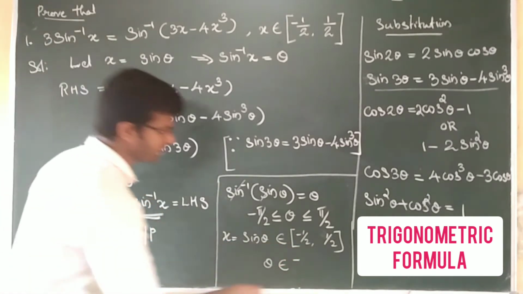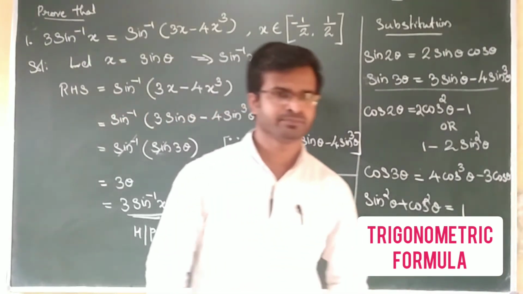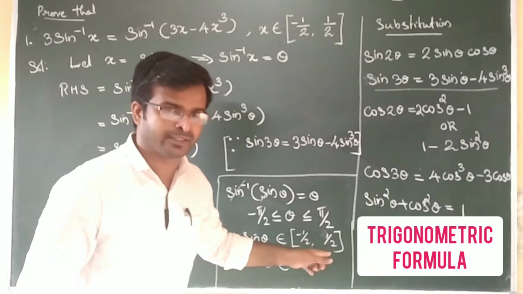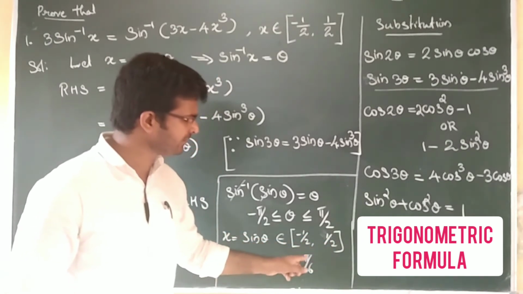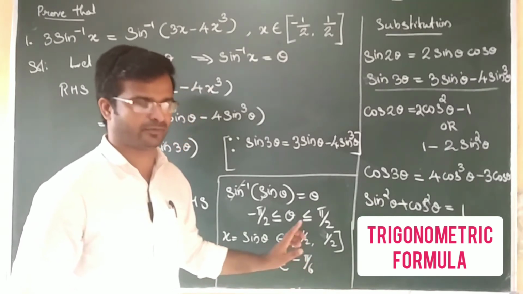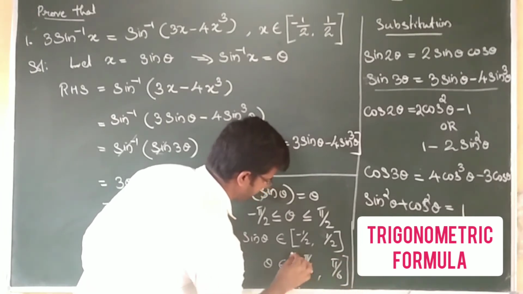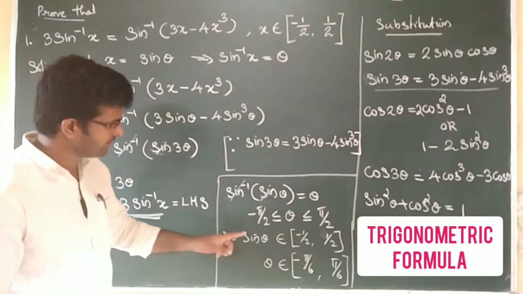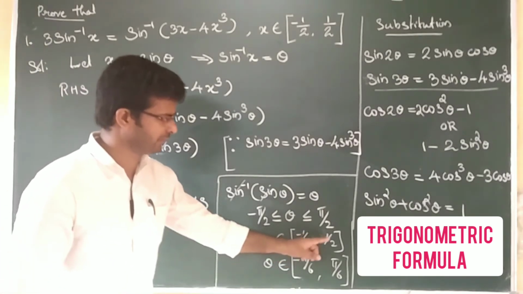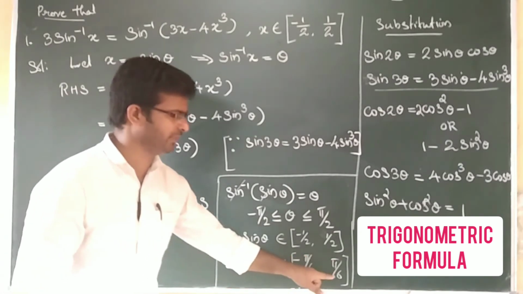So if sine theta is between minus 1 by 2 and 1 by 2, theta will be from minus pi by 6 to pi by 6.